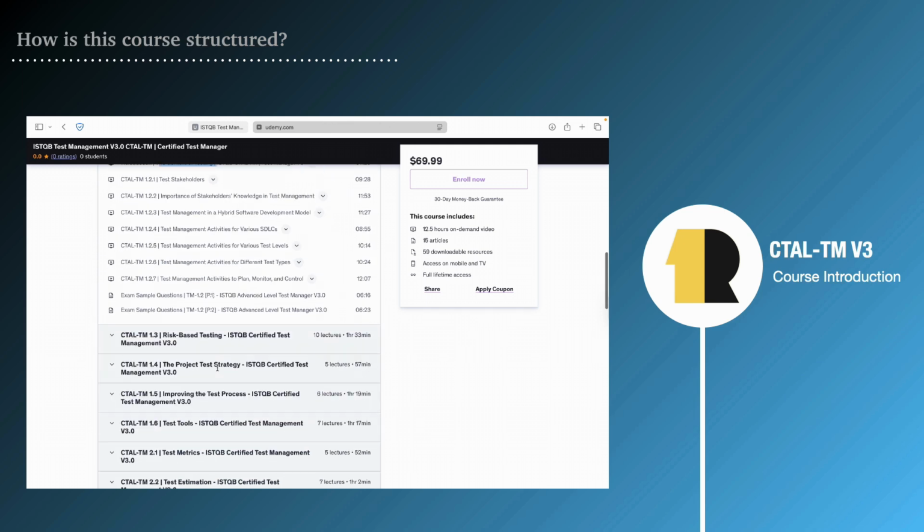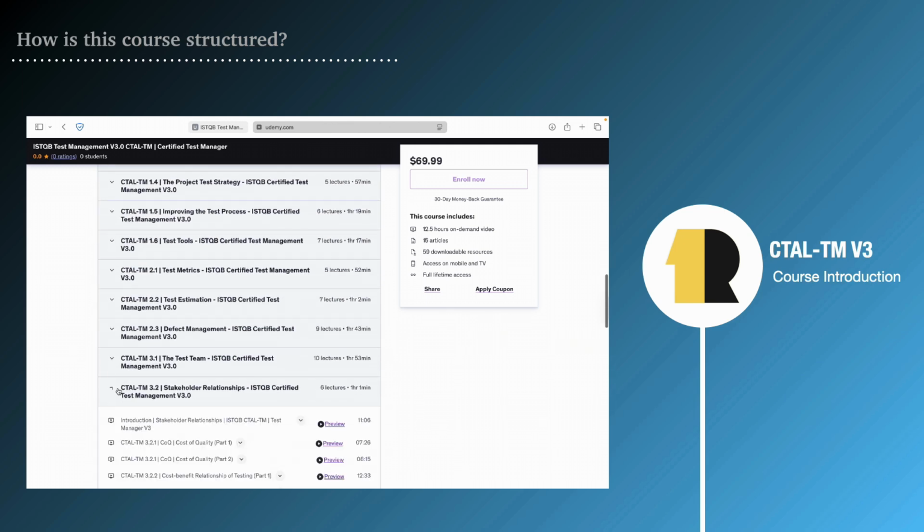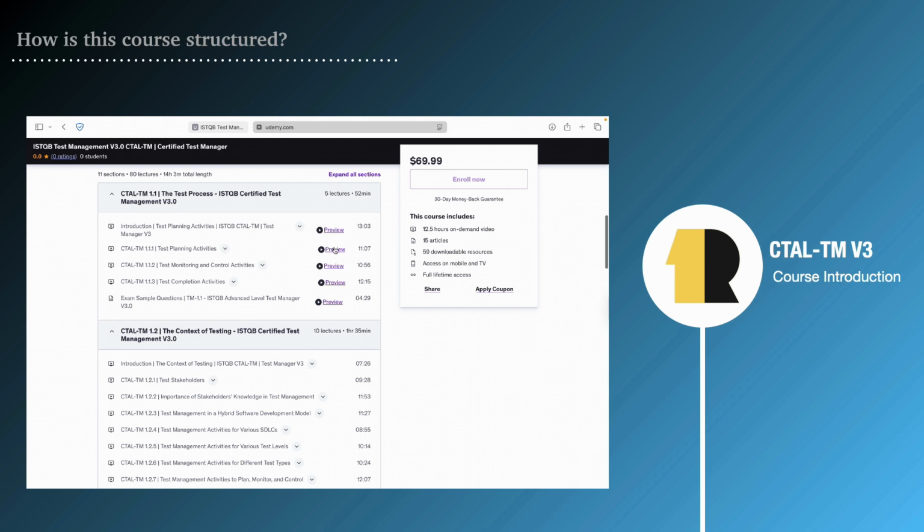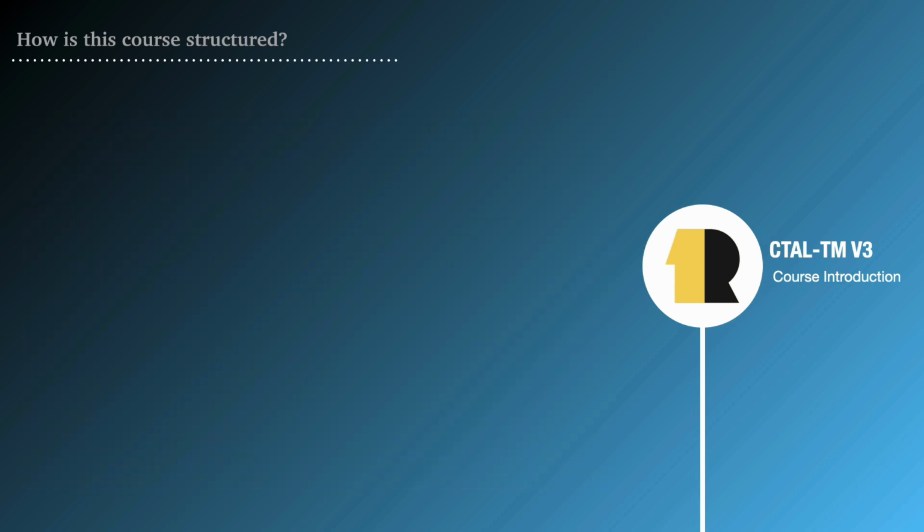Fast forward to Section 11, and we're going to encounter stakeholder relationships, which is a very exciting section, by the way. And for those who are curious to check what the content looks like, I kept both Sections 1 and 11 open for free preview. So you can see for yourself how things began and how things ended.